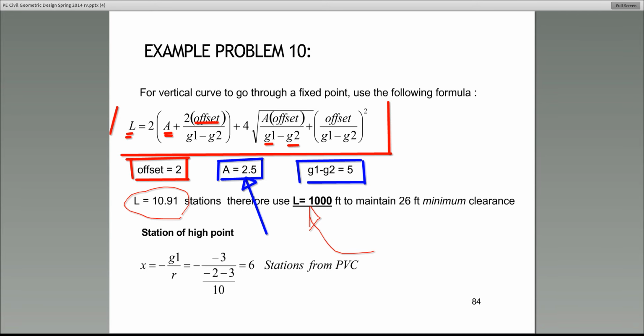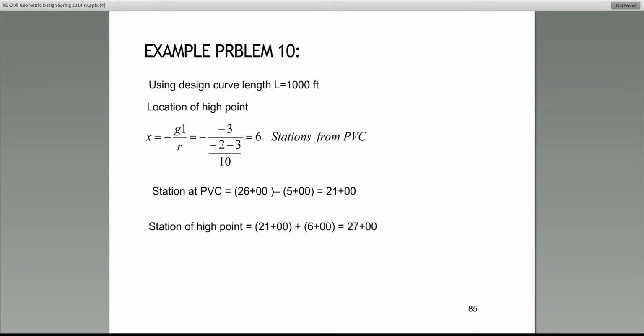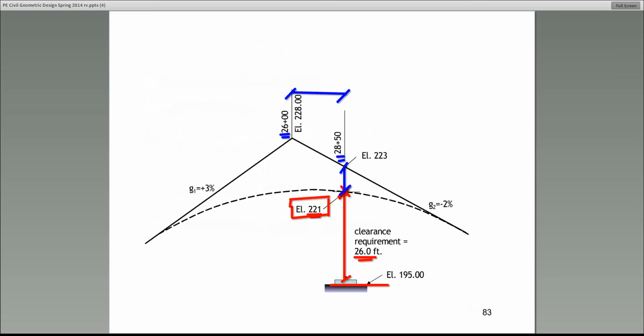Now, a lot of people ask me, why didn't you go above the 10.91? In other words, you didn't choose 1,100. Why are you going to 1,000? Well, because of the clearance, we need to have at least a minimum of 26 feet.